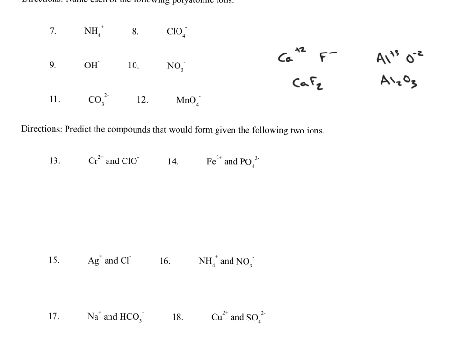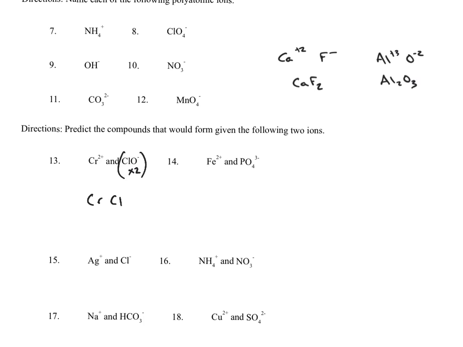Anyways, looking at this, since chromium has a +2 and hypochlorite has a -1, I'm going to need 2 of these guys. So how I'm going to write this to indicate that I have 2 hypochlorite ions is like this. Chromium is going to stay like that. Remember, we don't write the charge up above.